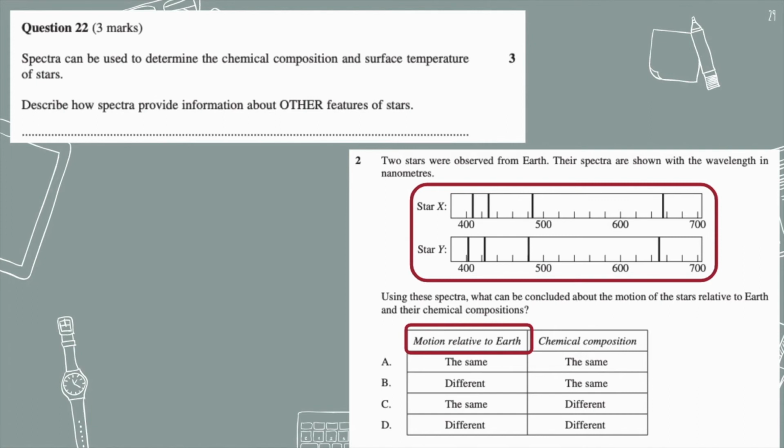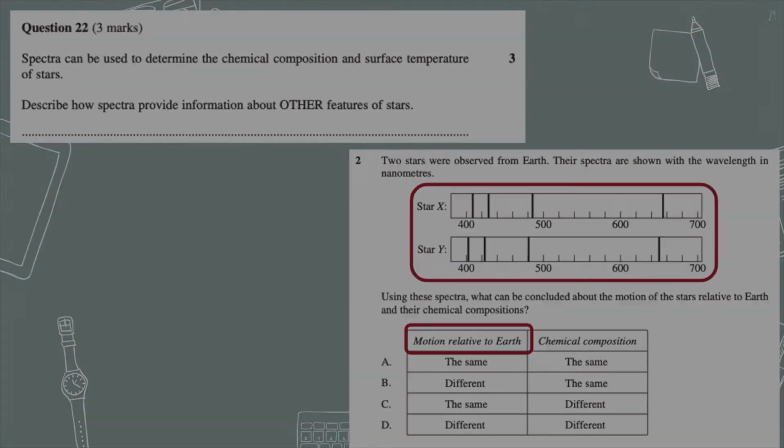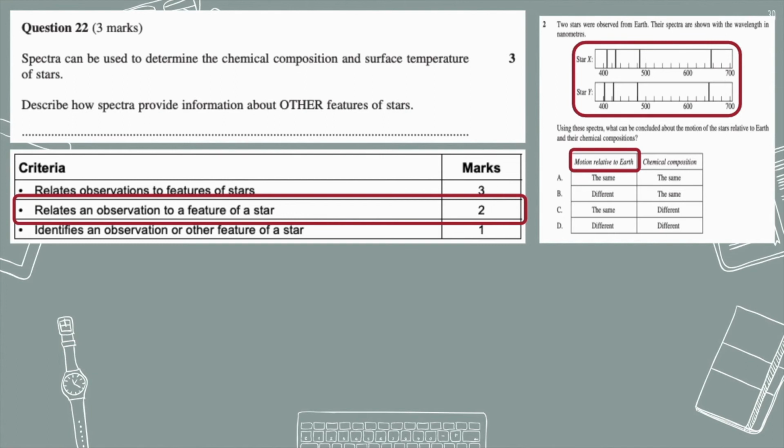It obviously wants plural, but based on the multiple choice question alone, and just simply reciting the fact that relative motion between the observer and the star will produce a shift in the spectral lines, I'm already eligible for 2 out of the 3 marks. That's without bringing any of my additional information into this question. It's simply taken what was given to me in question 2 of the multiple choice.